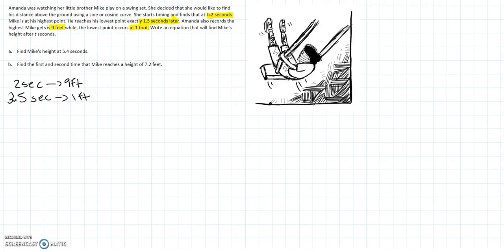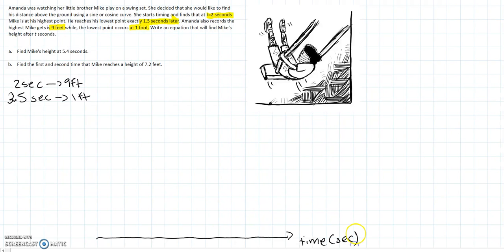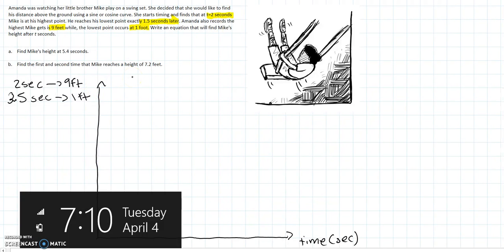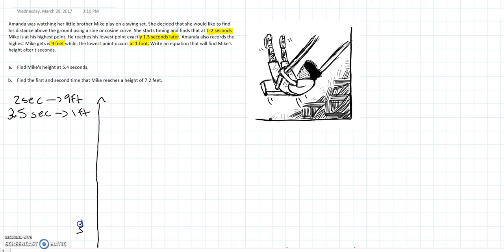So from here, we have enough information to draw our y-axis and x-axis and our scale. Our x-axis is going to be our time in seconds, and our y-axis is going to be our height in feet.